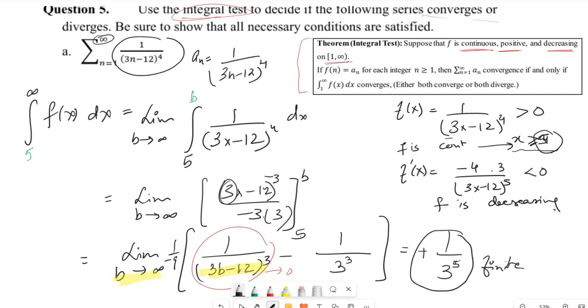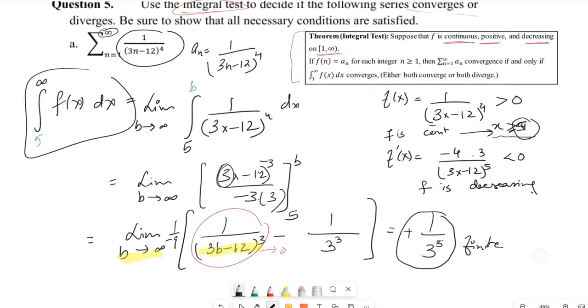So what are we concluding? The improper integral converges. Okay. Now we say if the integral converges, then the series also converges. They either both converge or both diverge. So therefore, this series also converges.